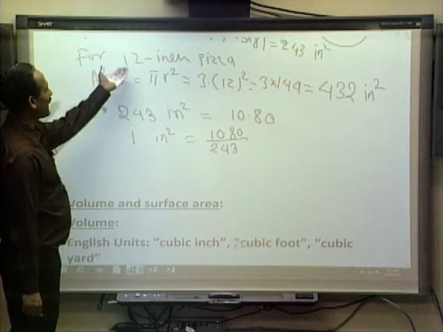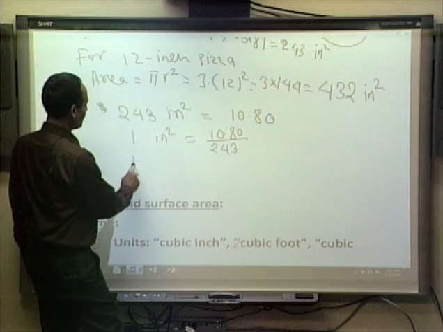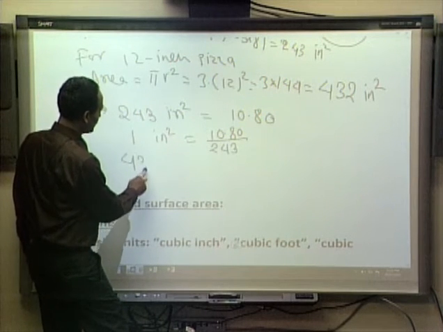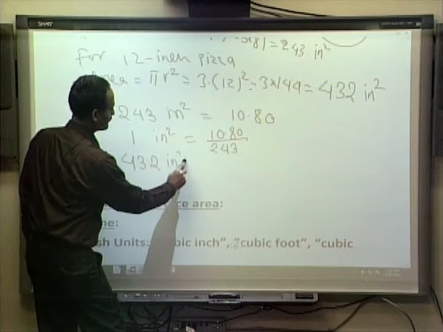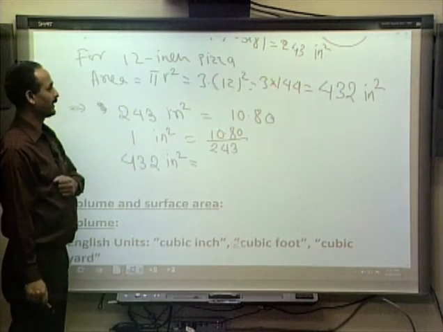However, when we are buying the 12-inch pizza, we will be buying 432 square inch. This is the area of the 12-inch pizza.